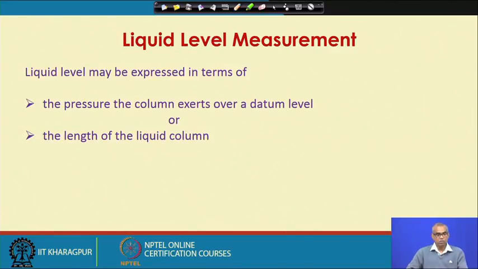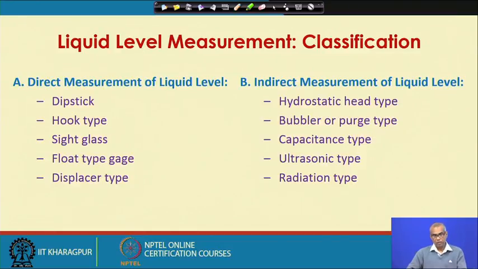Liquid level may be expressed in terms of the pressure of column that it exerts over a datum level, that means in terms of head, or the length of the liquid column.